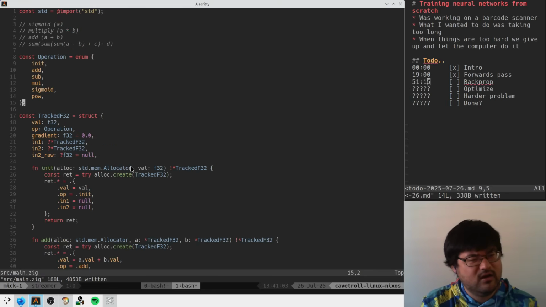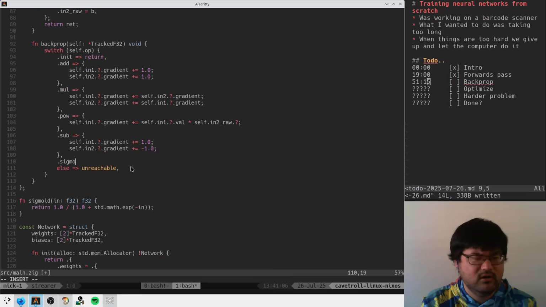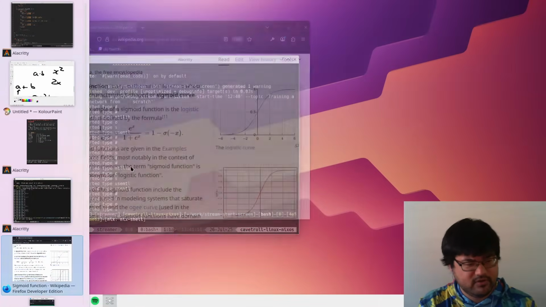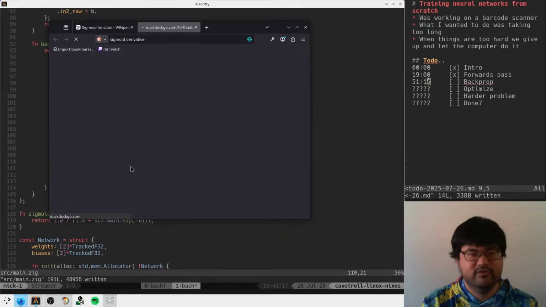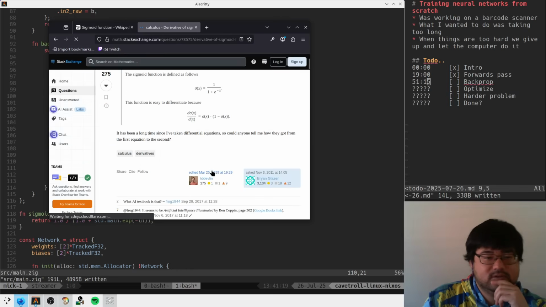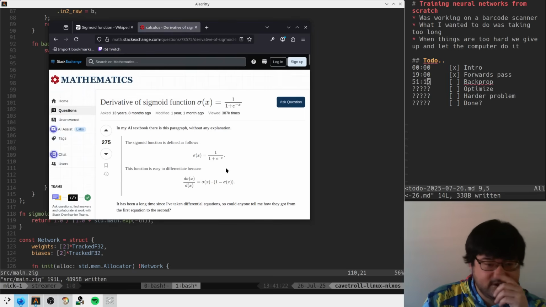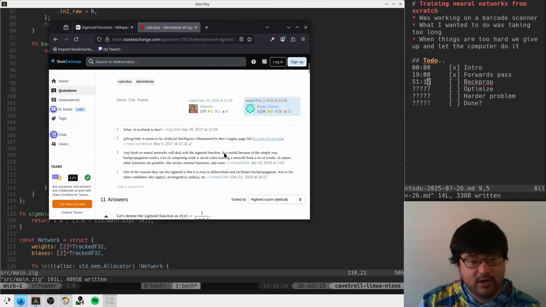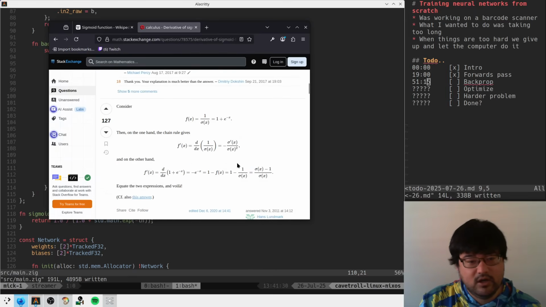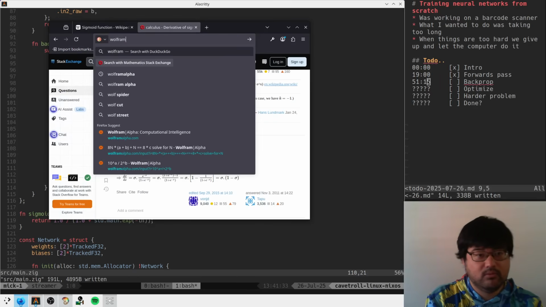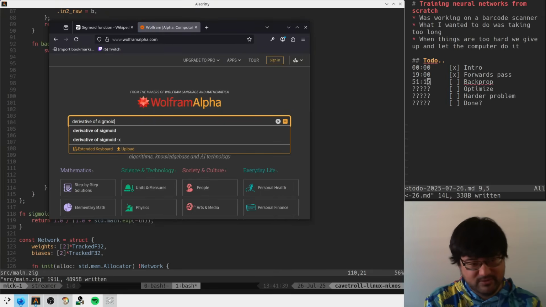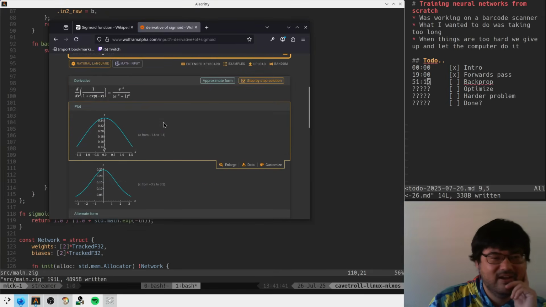And then the only thing we're missing is sigmoid. So, sigmoid derivative, I'm sure we can just look it up. Differentiate is sigmoid x times, oh wait, no, that's not the answer. Wait, maybe it is? Can we just ask for the derivative of sigmoid?